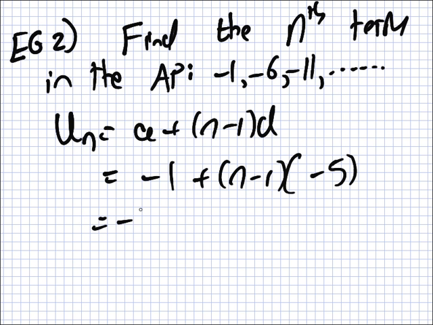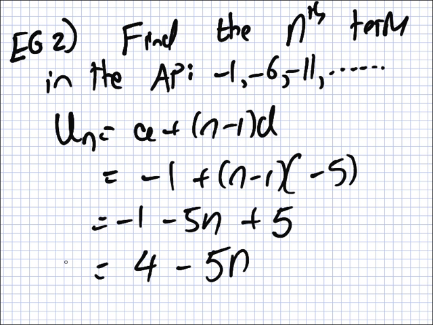So this will be minus 1 minus 5N plus 5. And so this will be 4 minus 5N. Yeah? That is the nth term. So for example, the 10th term would be 4 minus 50, which is minus 46. Yeah? Okay. Can I scroll down? Yeah. Keep going.